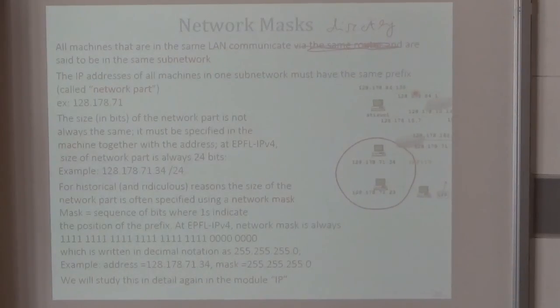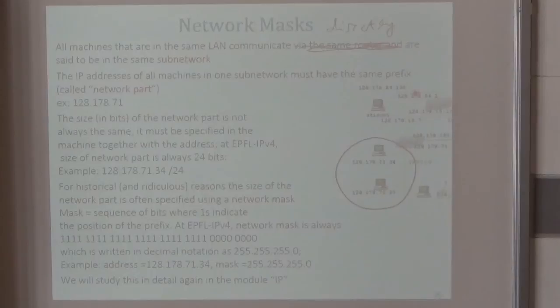If I take the analogy of the post office, in my futuristic view of the post office that would number all houses in a city, then an IP post number would have the postal code of the post office followed by your number. And two numbers that have the same prefix, the same post office number, would be in the same LAN. Here is the same, except there is not a fixed format.